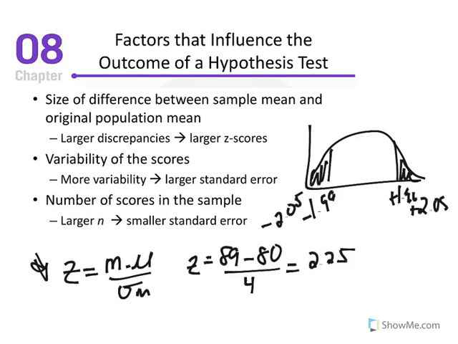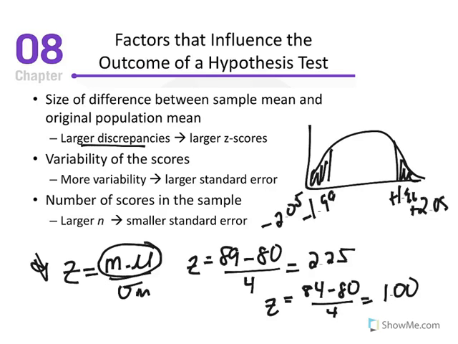Now let's say instead of M equal to 89, it was less than that. Let's say M was equal to 84. So 84 minus 80 divided by 4 gives us 1. Again, larger discrepancies between M and mu, which we refer to as the mean difference, mean the larger the z-score. Is that true in this example?